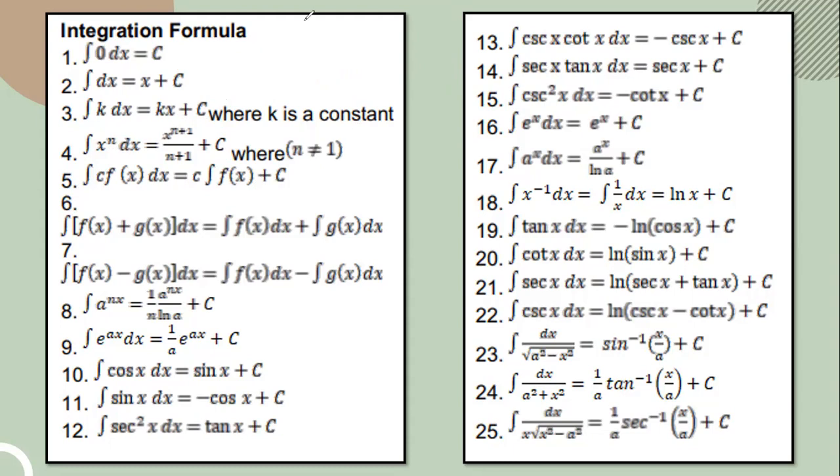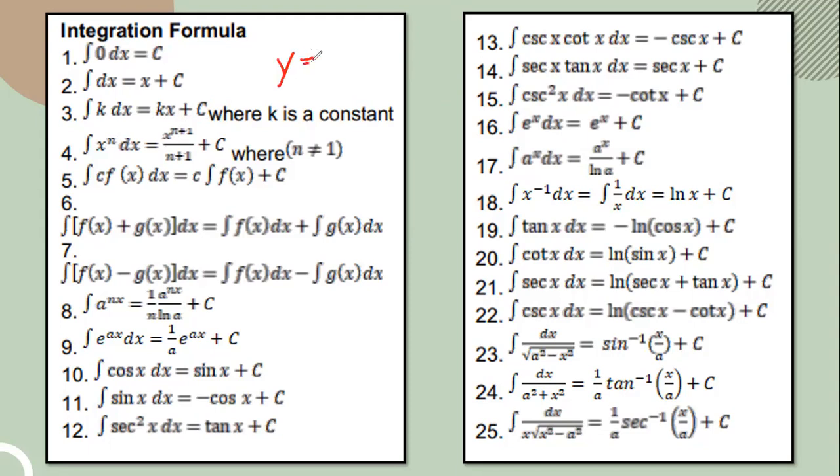Ang sagot is x raised to n plus 1, so idadagdag natin ng 1 yung exponent, then divided by n plus 1, yung nilagay natin na exponent. Kabaligtaran lang siya nung ginagawa natin sa derivative. Pag nagde-derivative tayo, nagmumultiply tayo ng exponent, so bumaba yung exponent.